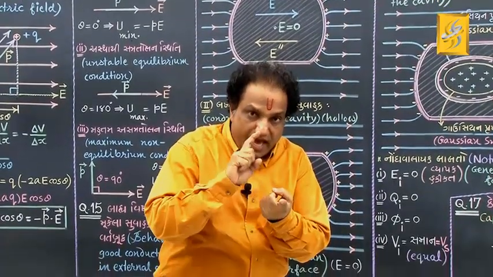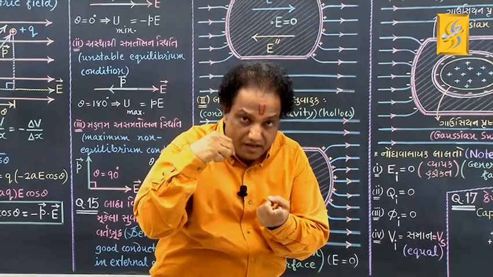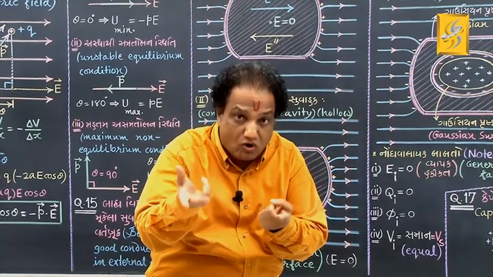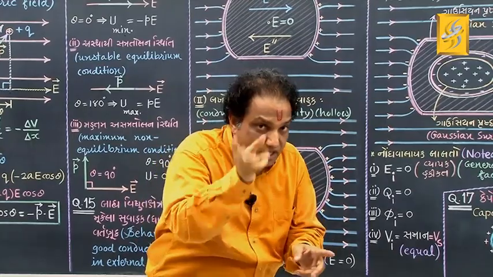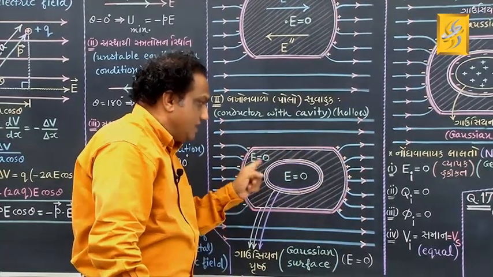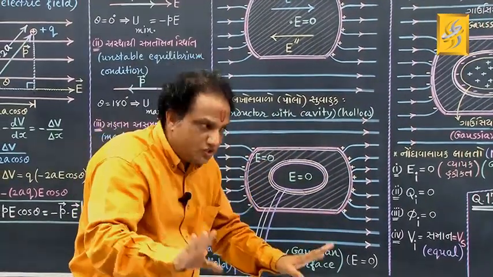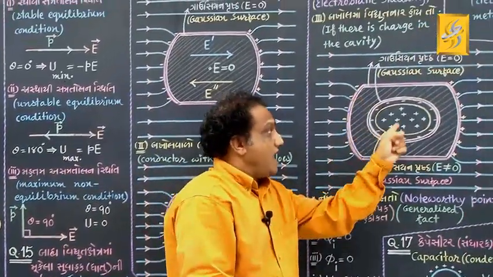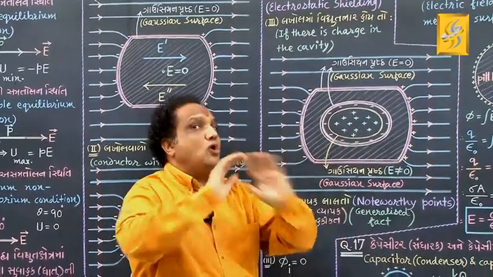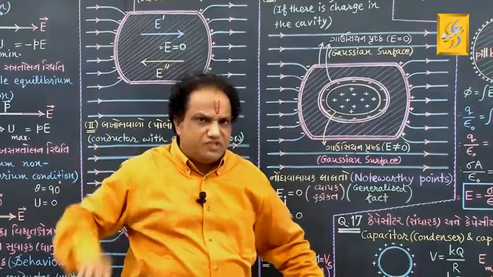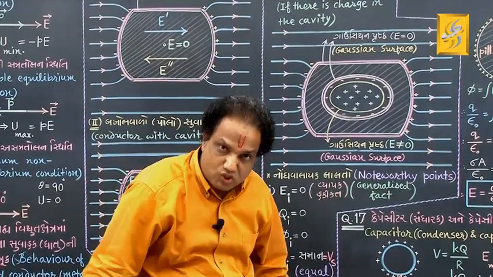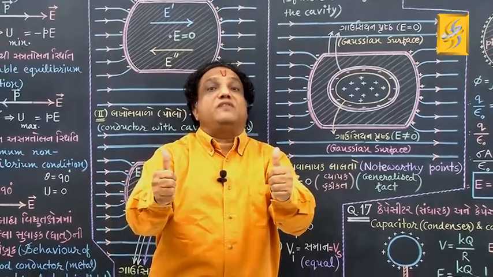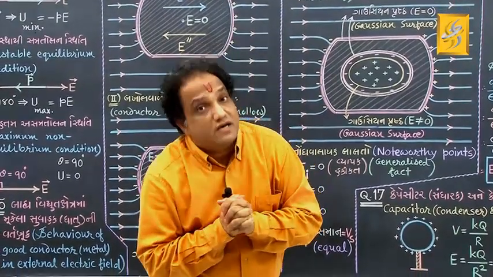Whether you expose the metallic conductor to an external electric field or not, whether you keep some cavity inside the conductor or not, whether you keep some charge inside the cavity or not, irrespective of all these physical situations, every time there is no electric field inside the metallic conductor.